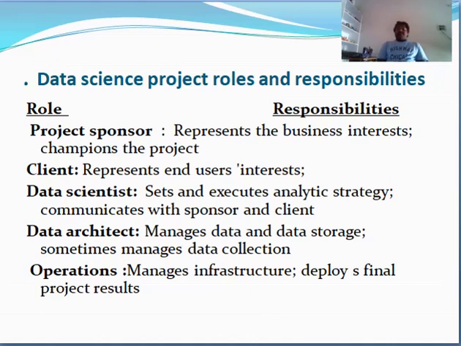Next role is data scientist. His responsibilities are that he sets and executes analytic strategy, and communicates with the sponsor and client. The most important role is the data scientist.